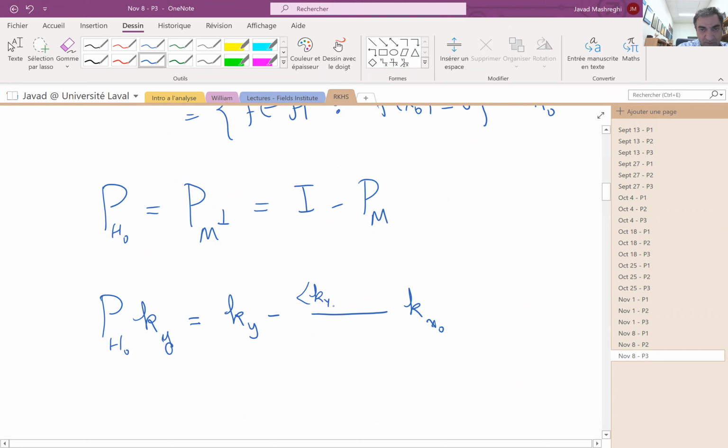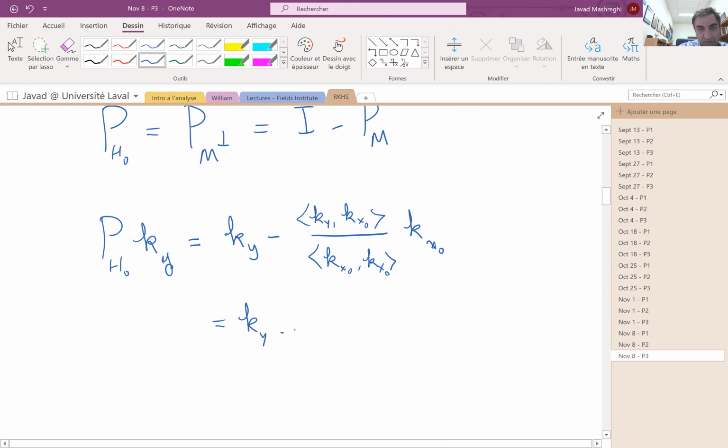So it's k_y minus the scalar product of k_y and K_x0 divided by K_x0 scalar K_x0. Or if you wish, we can write it as k_y minus k at point (x0, y) divided by k at point (x0, x0), times K_x0. And this is precisely the thing we are looking for.